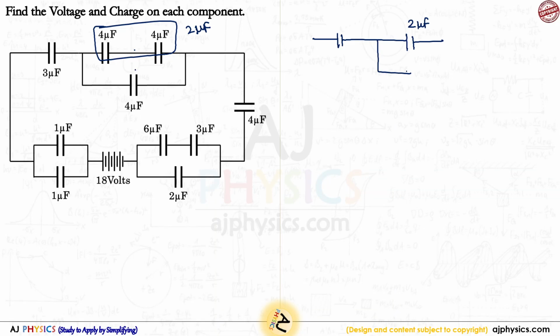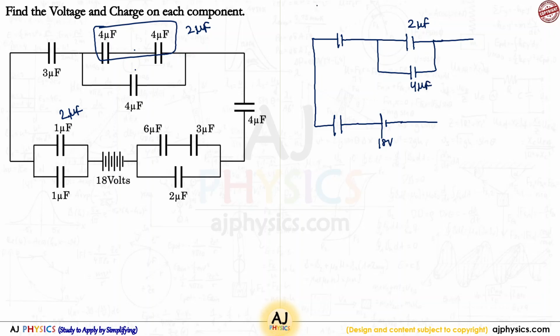and then we have the 4 in parallel here. Okay, and 1 and 1 we can solve equivalent as 2 microfarad because they will add up in parallel. Then we have a battery here of 18 volts. We have 6 and 3 and then 2. Okay, so 6 and 3 are in series, so you can solve this.